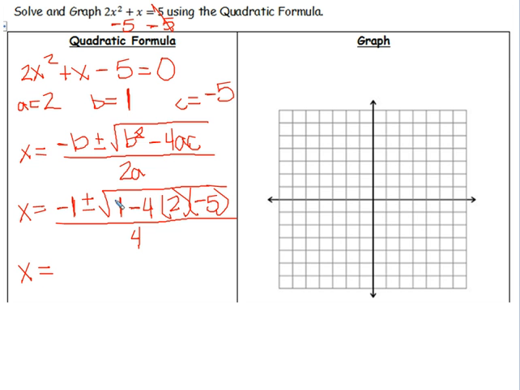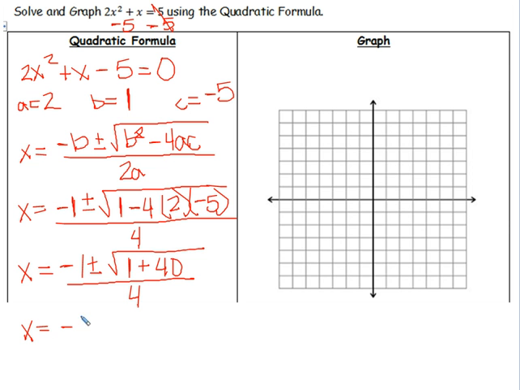We can figure out what the inside of this radical is. All right, so we have negative 4 times 2, which is negative 8, and then times 5 would be positive 40. So we have a positive 40 all over 4.